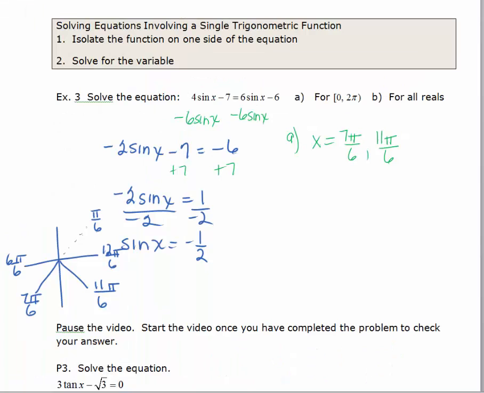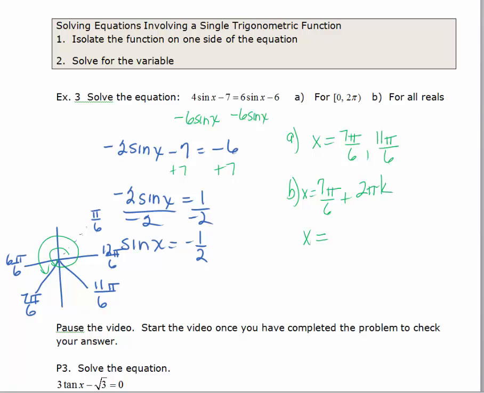Now I want to find my general solutions, and I know that if I go all the way around for one more rotation and keep doing that, I will generate more solutions. So for part B, I start with 7x equals 7 pi over 6 plus 2 pi k, and k will be an integer.